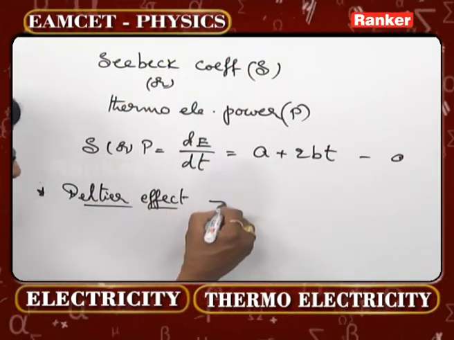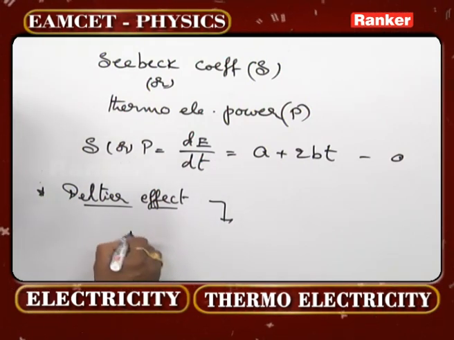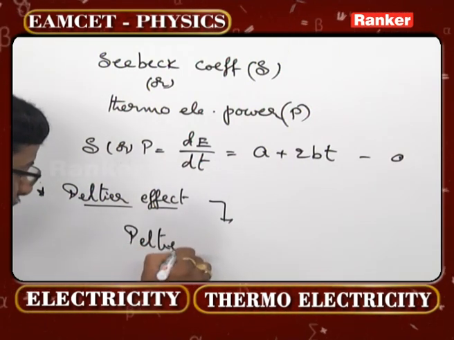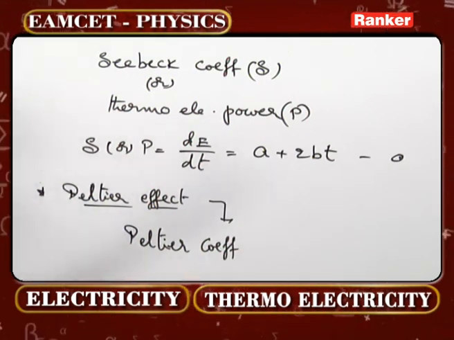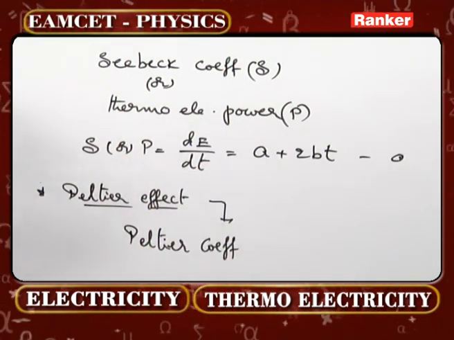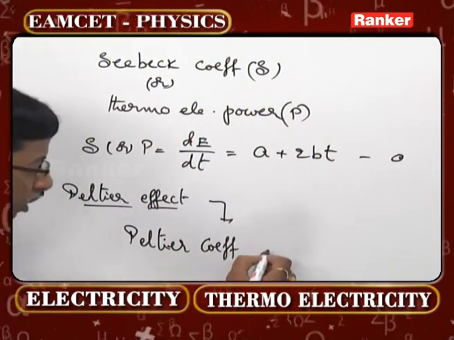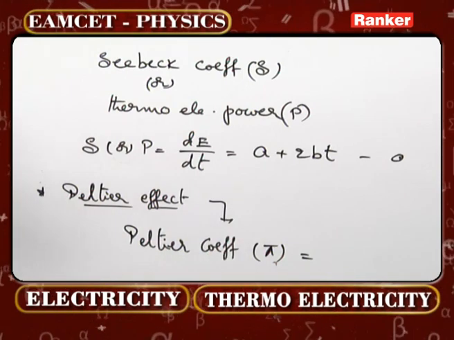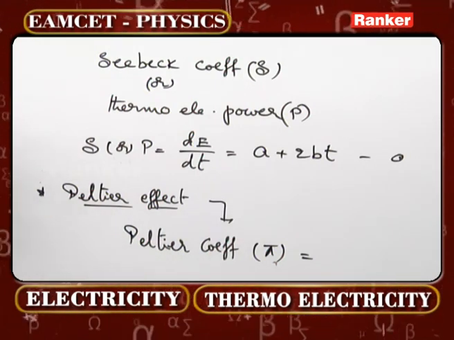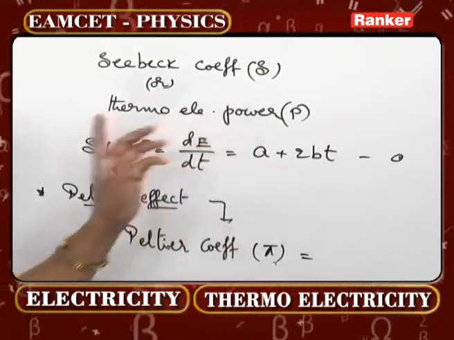But what is important here is, what is this Peltier coefficient? This is something based on which in earlier EAMCET papers they have asked problems. Peltier coefficient generally is represented by pi. Don't think that pi is 22 by 7 or 3.14. It is a constant for a particular thermocouple.